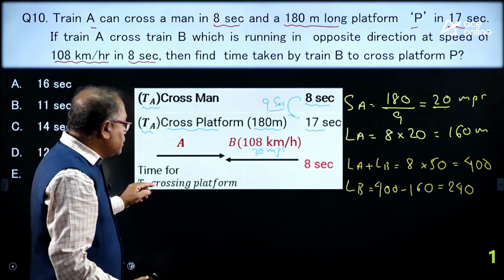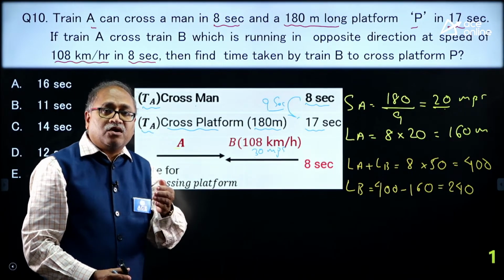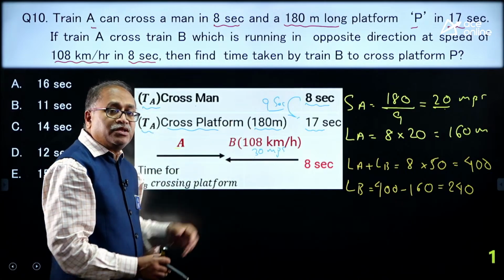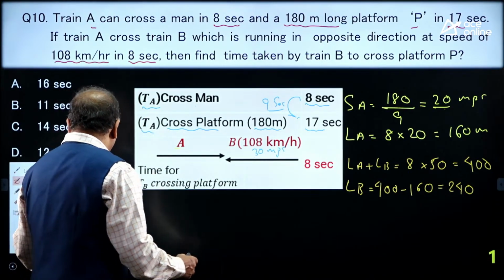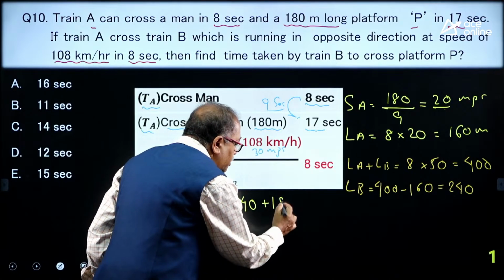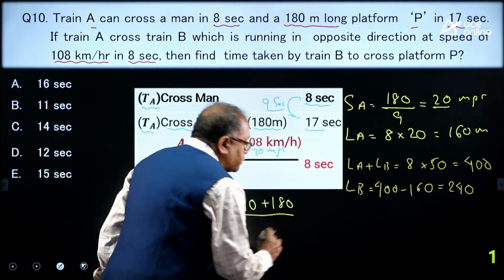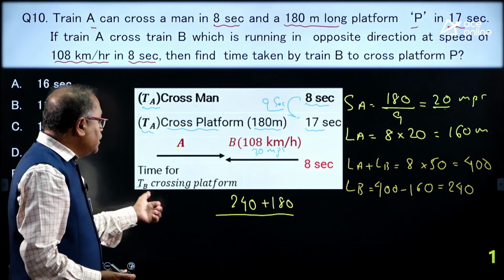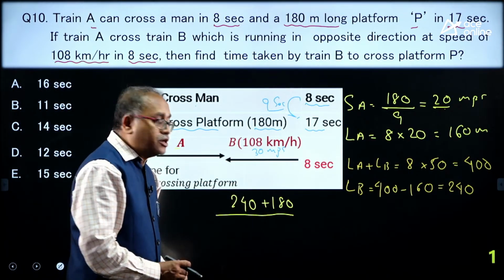But it is said that B will cross the platform in how much time? So, the length of B is 240 and the platform length is 180. That means the total, 240 plus 180, is the total distance. And what is the speed of train B? The speed of train B is 30 meter per second.